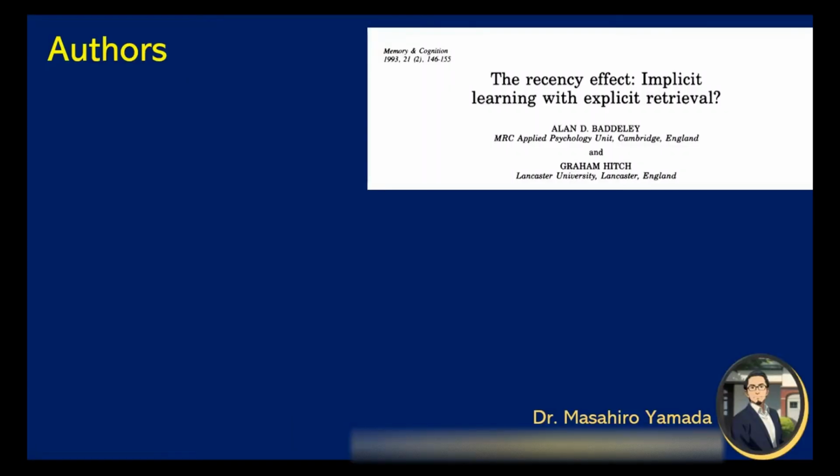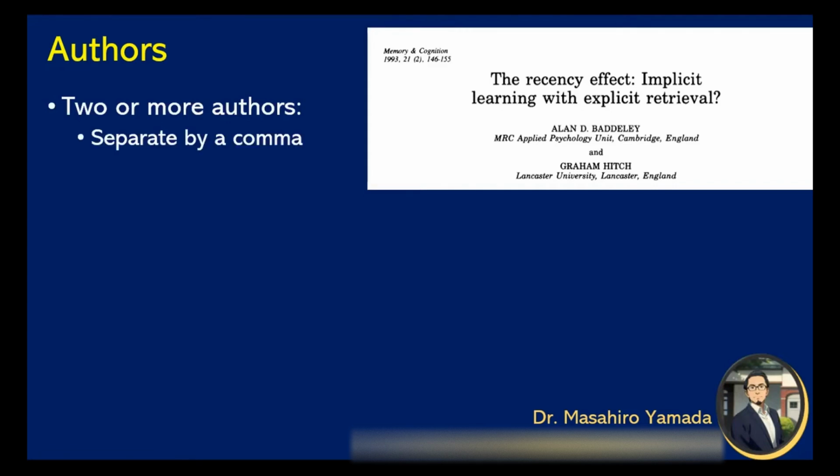What if the manuscript was written by multiple authors? The first case is two authors. The rules are basically the same, but after you write the first author, you separate each author by a comma. And before the last author, you use the ampersand symbol, not spelling out A-N-D.